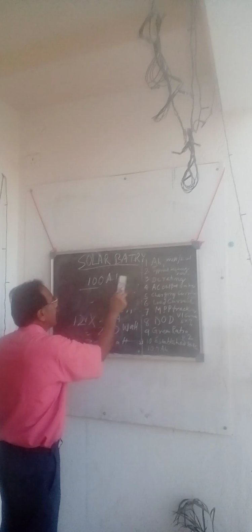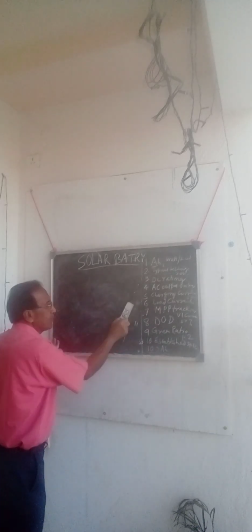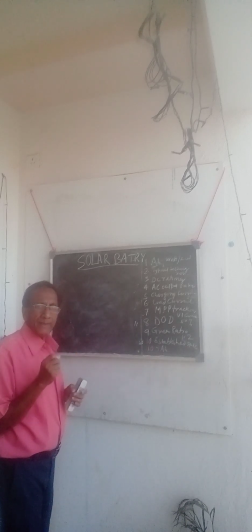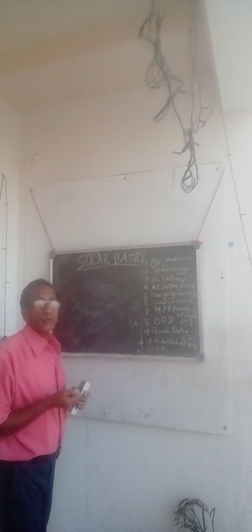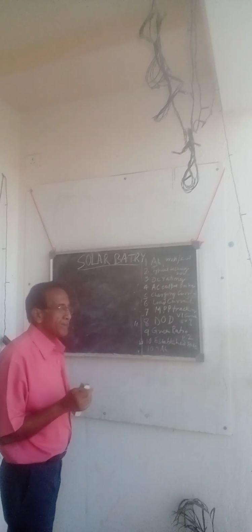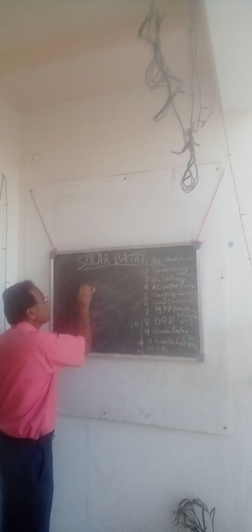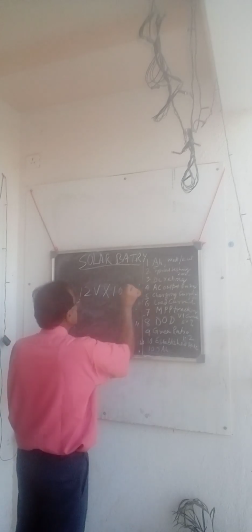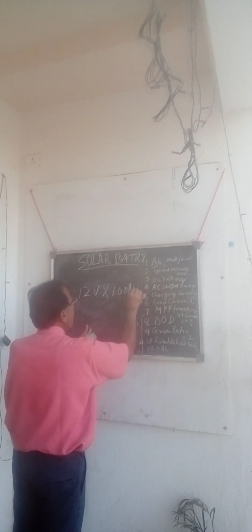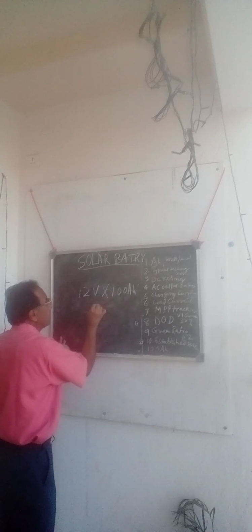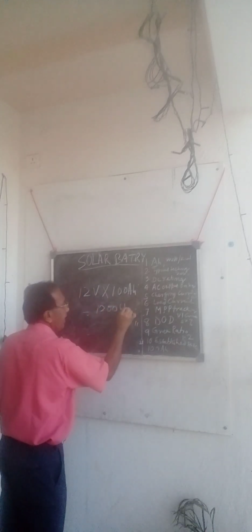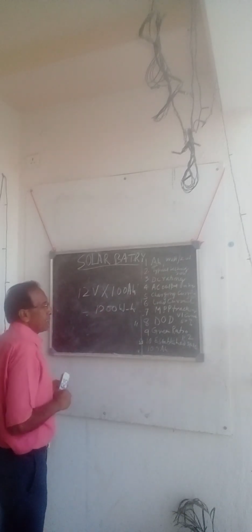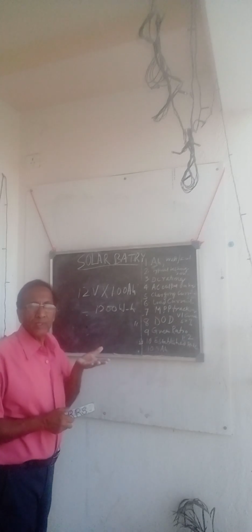Now the calculation is very important. For the 100 ampere hour battery, how much energy will it store? If the working voltage is 12 volt, then 12 volt into 100 ampere hour will be 1200 watt hour. 1200 watt hour is required for full charge of the battery.